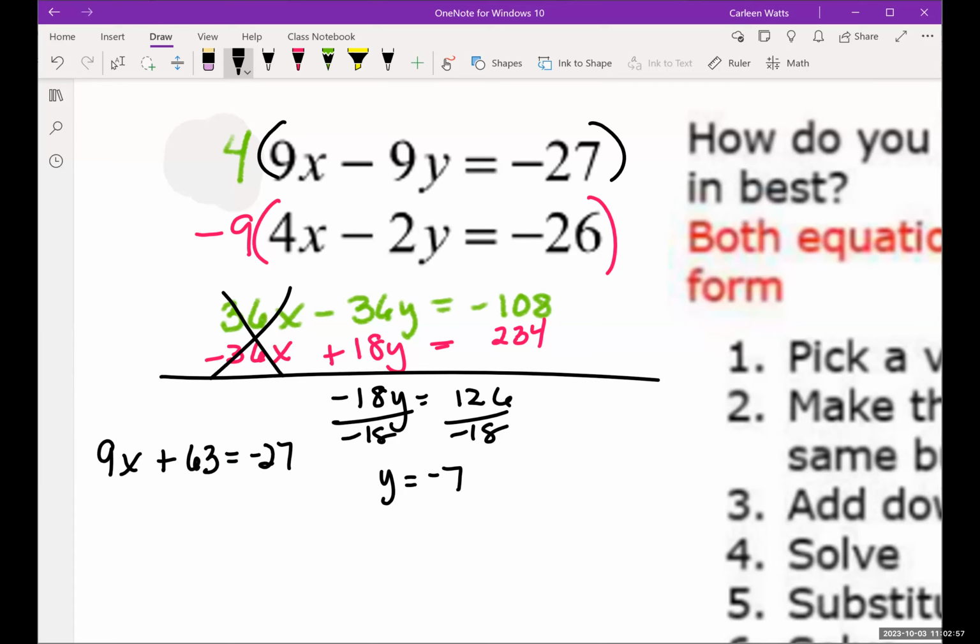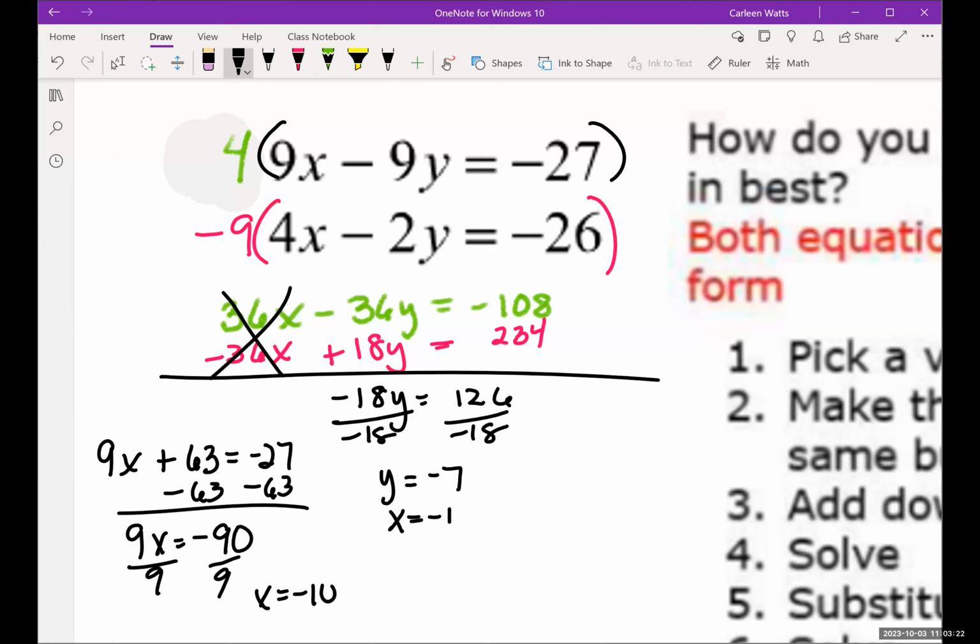Okay. Minus 63. 9x is equal to negative 90, and divide by 9. X is negative 10.